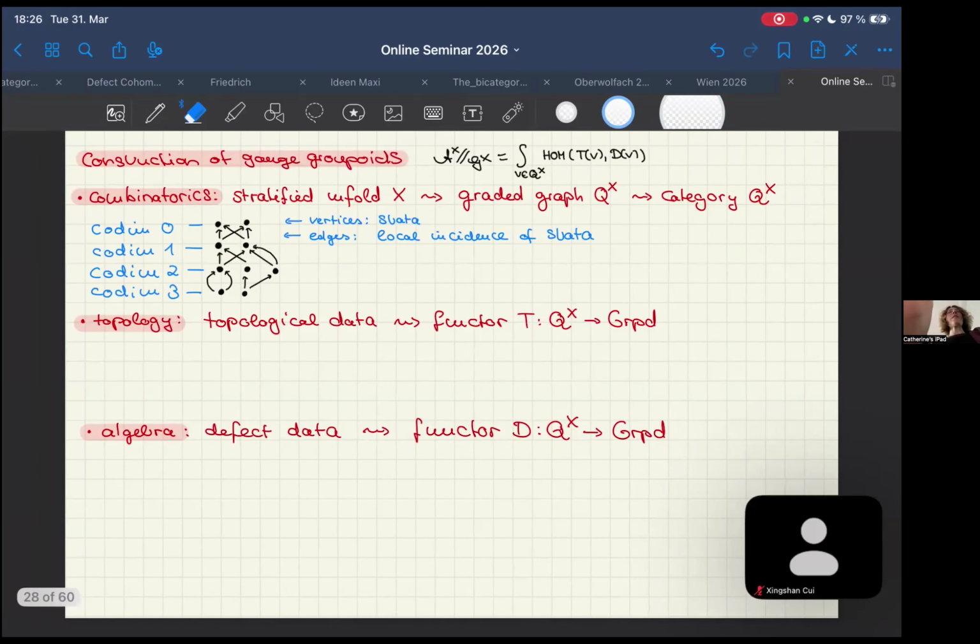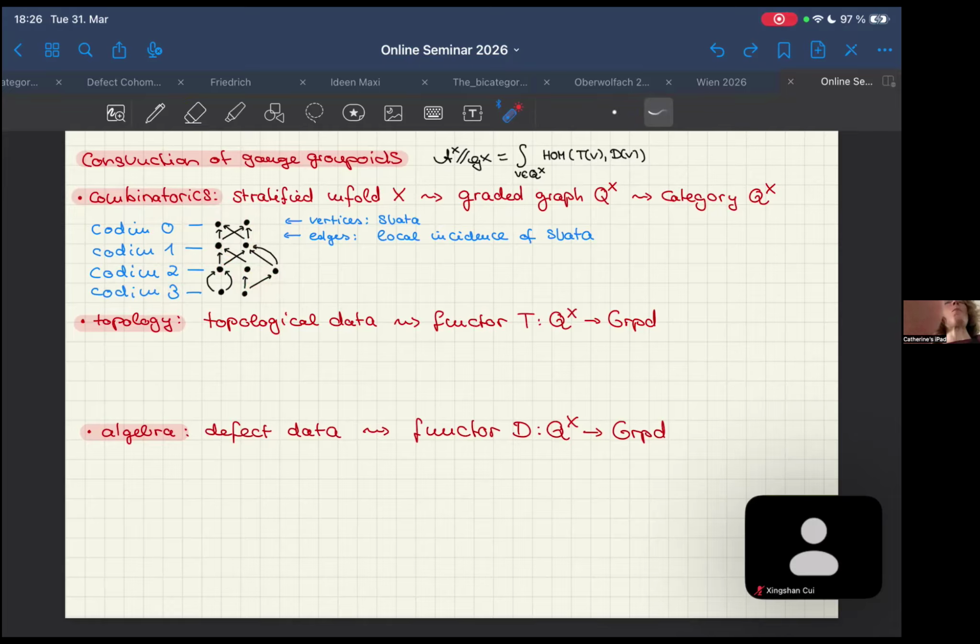So first, the graded graphs here. So our graded graph has edges. The highest edges are the ones for codimension 0, then codimension 1, codimension 2, codimension 3. The vertices we have here, and then we have edges that always go one level up. And that we can do that is part of our assumptions.